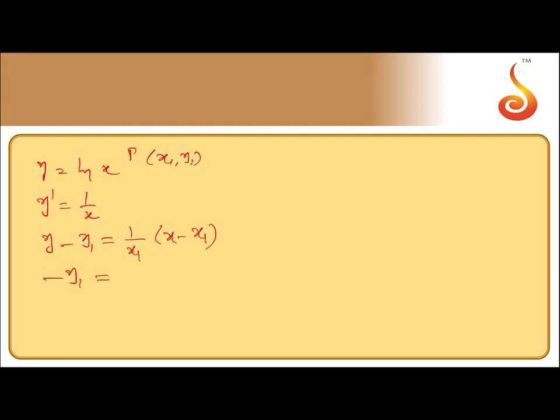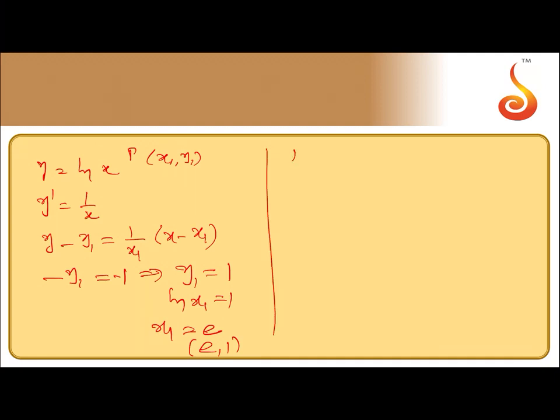As it is passing through origin, minus y1 is equal to minus 1, sorry. So y1 is equal to 1. But y1 is nothing but log x1, which is equal to 1, means x1 is equal to e. So the point of contact is e comma 1.